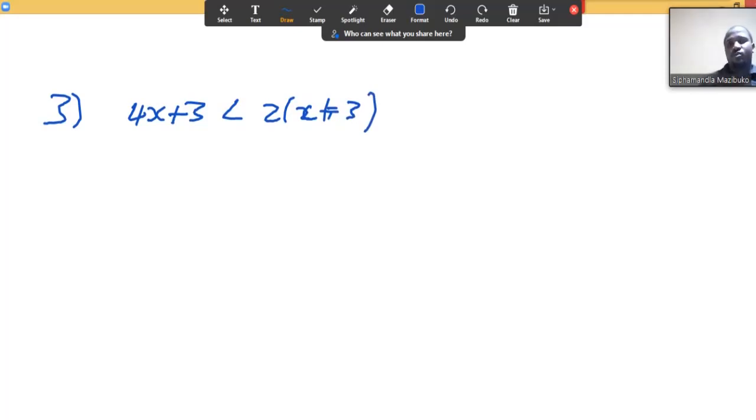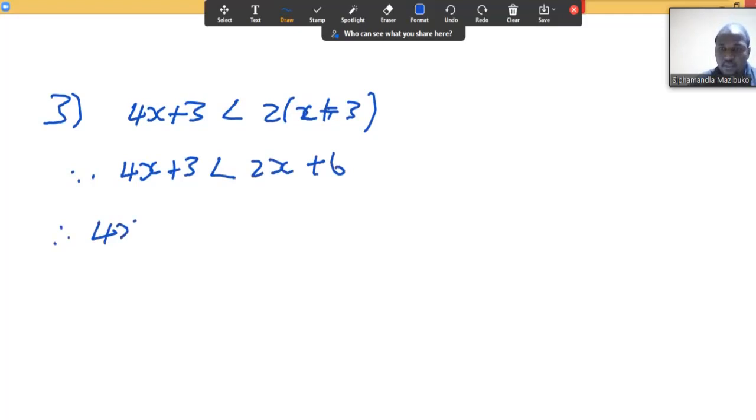So we need to expand first. This works the same as solving for x, because we can have 4x plus 3 is less than 2x plus 6.